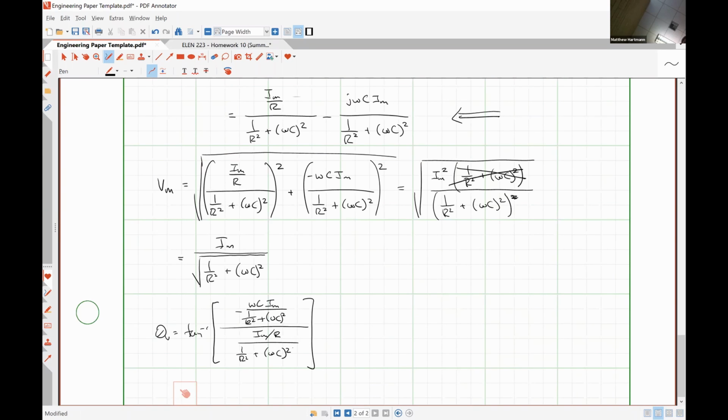So we can see that those common denominators are going to cancel each other out. Additionally, there's a common factor of Im in both the numerator and the denominator.